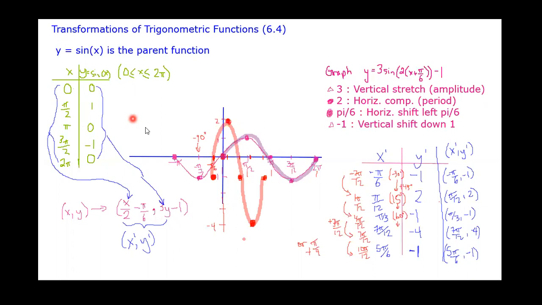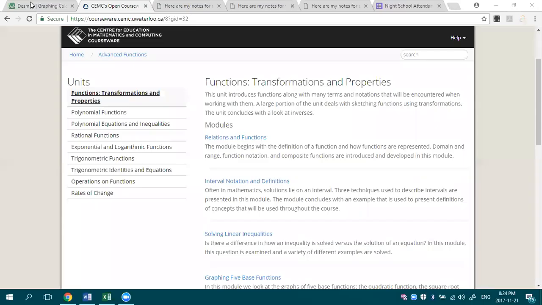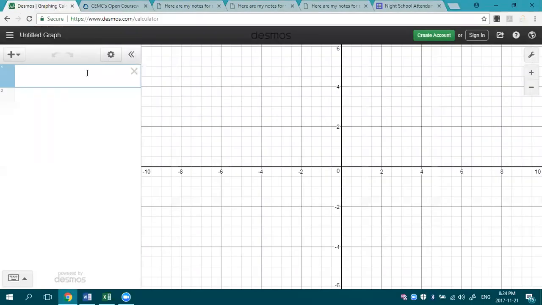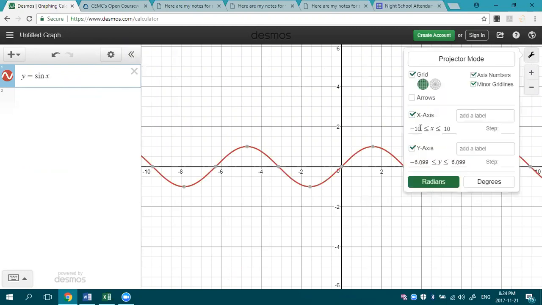All right, I just want to show you quickly that that is correct. So I'm just going to switch over to here. Can you guys all see Desmos? Someone give me a shout if you can. Yes, no? Yes. Okay, thank you. So I want to be in radians.